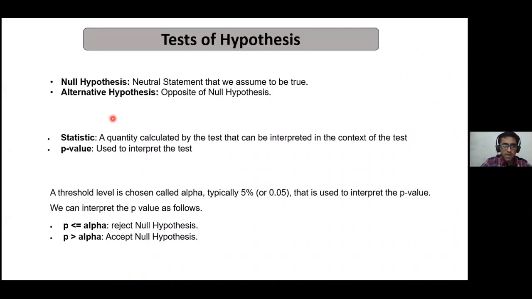I won't be deep diving into that, but just understand that to interpret the statistic, we use the p-value, and we reject or accept the null hypothesis on the basis of the p-value. So the p-value is very important for us.